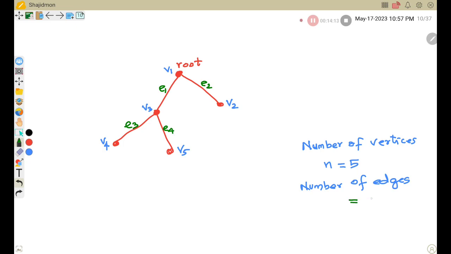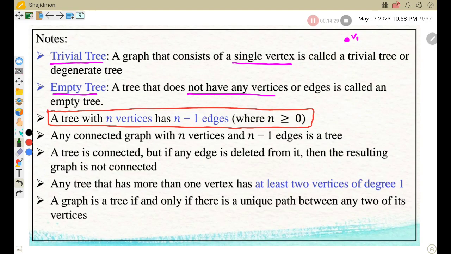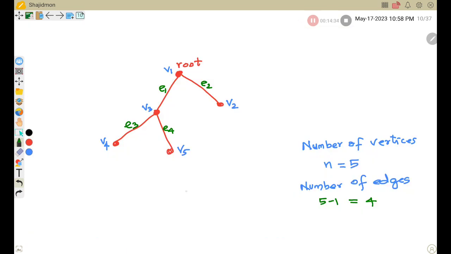So the number of edges equals 4. The number of edges is always the number of vertices minus 1. Number of vertices 5 means edges equal 4, that is 5 minus 1. So that is the rule here: a tree with n vertices has n minus 1 edges. So for a tree with n vertices, how many edges will there be?